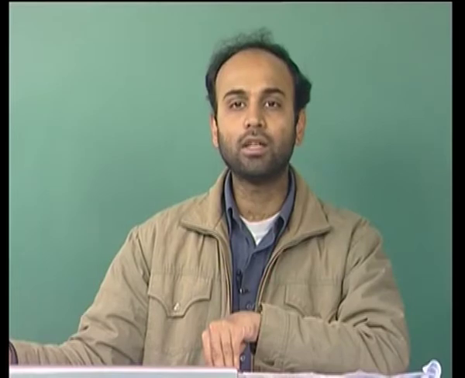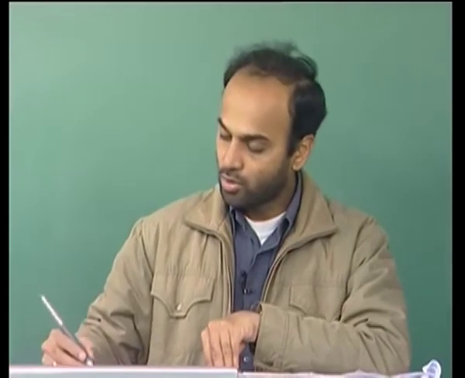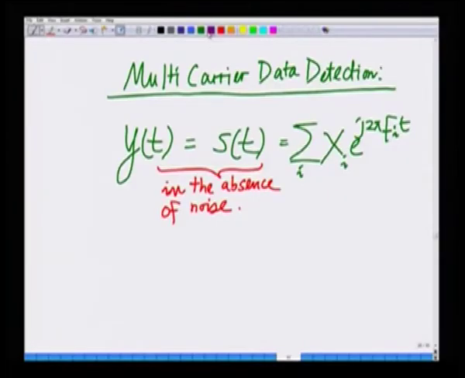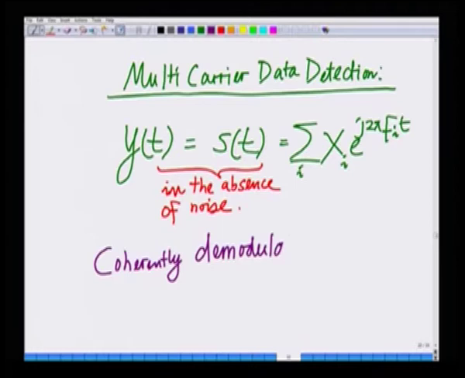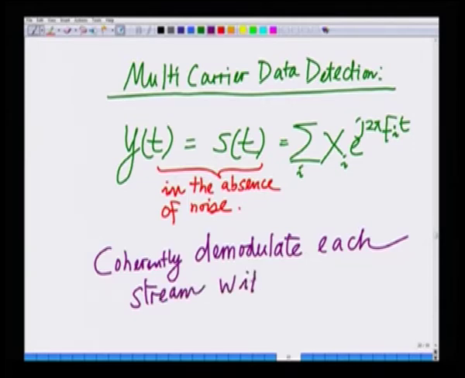Now, what I am going to do is coherently demodulate each stream with the corresponding subcarrier. So, the detection scheme at the receiver is to coherently demodulate each stream with the corresponding subcarrier.